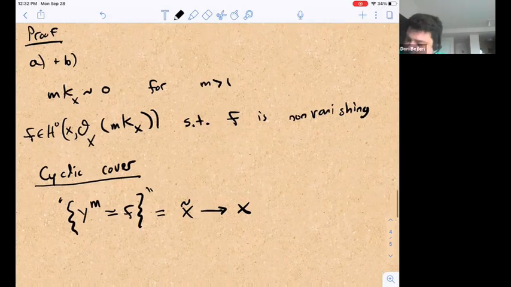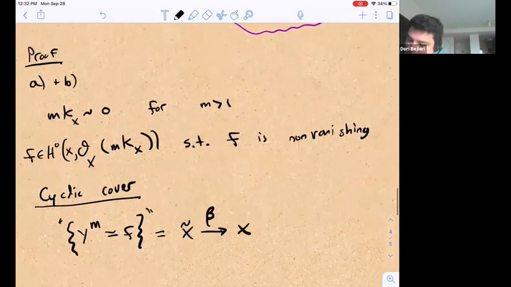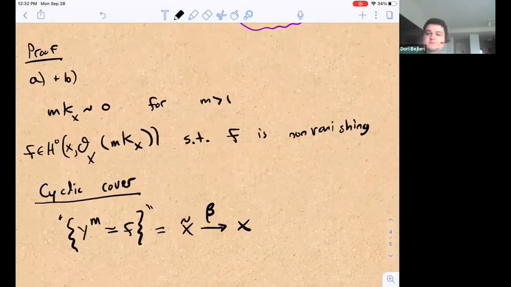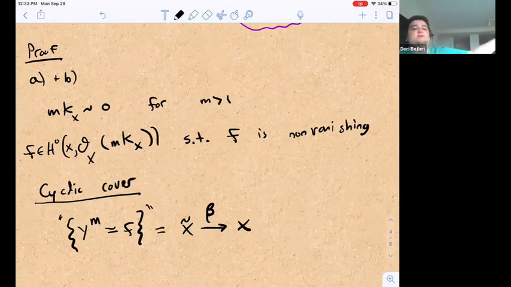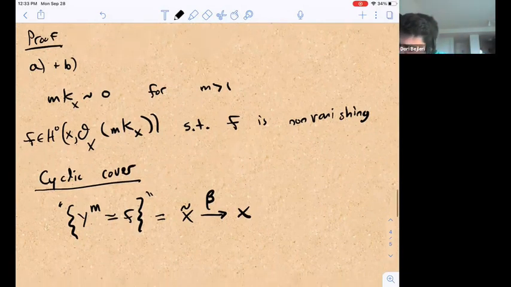Well, exactly what it means is that upstairs on this X tilde, where before we had m times the canonical was trivial, on X tilde we should just have that the canonical itself is trivial, because we found a trivializing section, specifically the mth root of f. Like on X, the reason it's not trivial is because this f doesn't have an mth root, so let's just build some cover where it has an mth root. That's the idea.